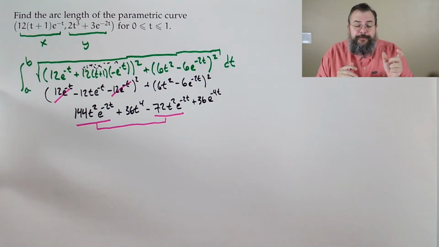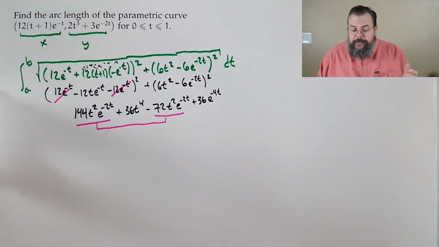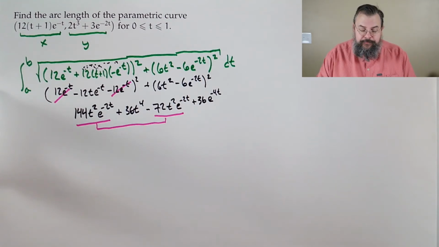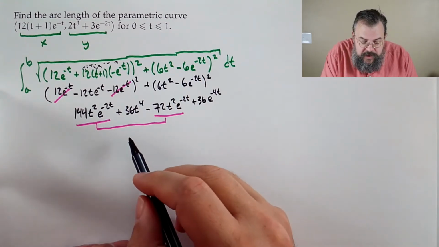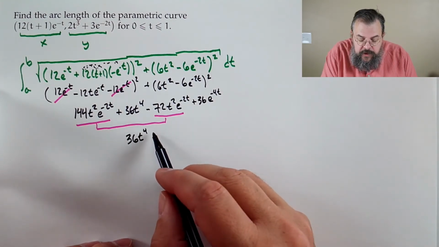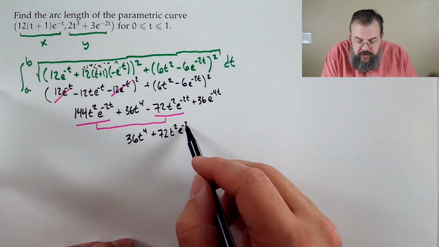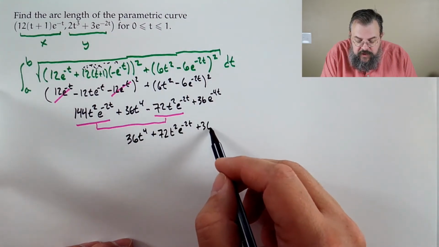So it's a positive 144 and a negative 72. Well, it turns out 72 is half of 144. So we say to ourselves, well, that's great. So that combines to 36t to the fourth plus 72 t squared e to the minus 2t plus 36 e to the minus 4t.